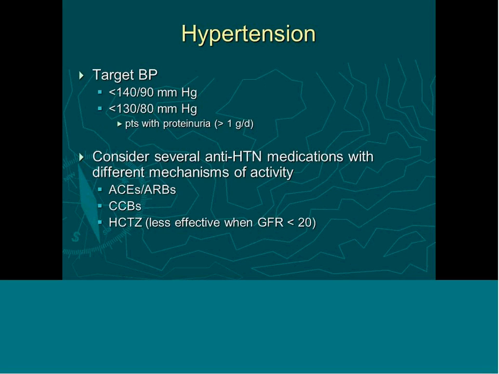Hypertension could be a topic that we can discuss one day. It is a very prevalent and important kidney disease factor. The target is 140 over 90. In a patient with proteinuria, the pressure target is 130 over 80.